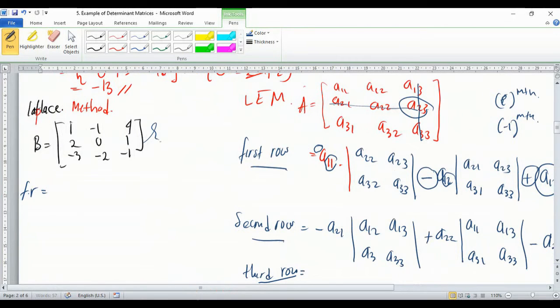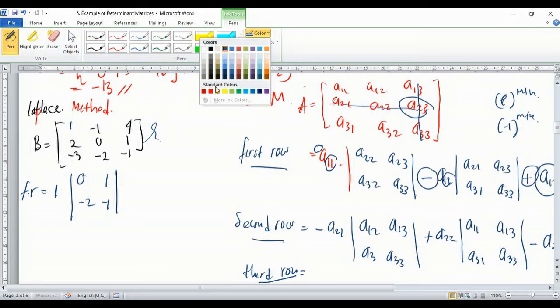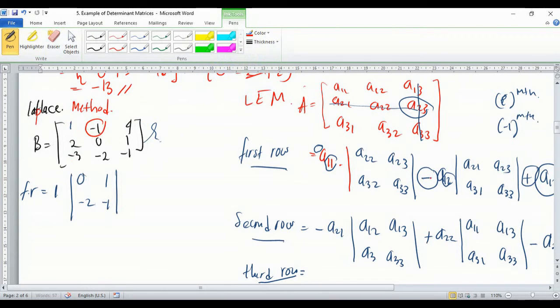So let me write the first row. It's equal to, when I take the 1, this one. So they are left with 0, 1, minus 2, minus 1. And then let me erase this one. Let me change the color. I don't like this one. So when I take minus 1, this one is minus, right?